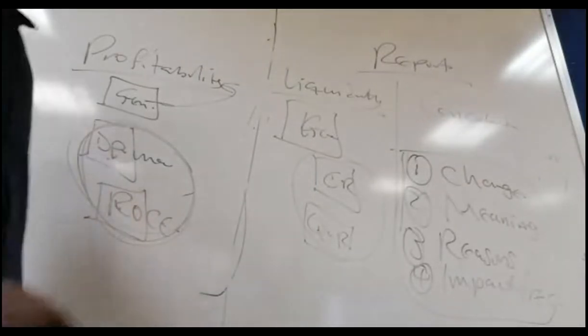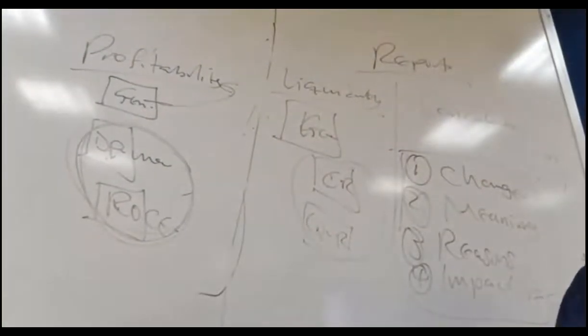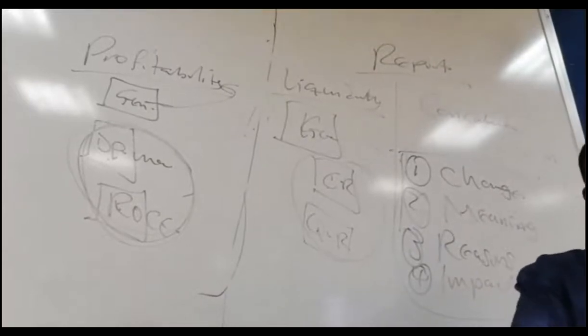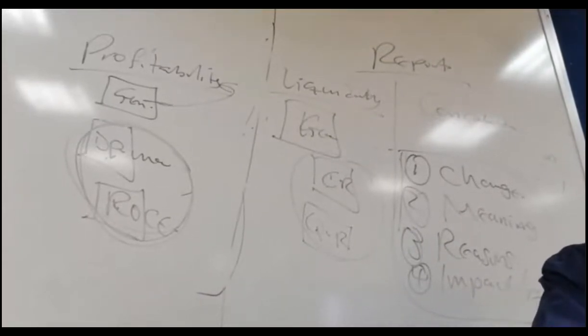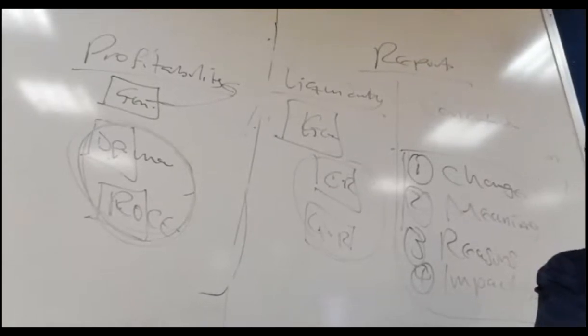Good. Now let's go to the conclusion. So the conclusion, there are two sides of the conclusion. We have the decision conclusion and we have that of the general conclusion. With the question decision, your boss asks you whether you should grant the facility to the customer. You can't go and give the boss, I'm done with the analysis, so based on it, make your decision. No, they ask you to make a decision.